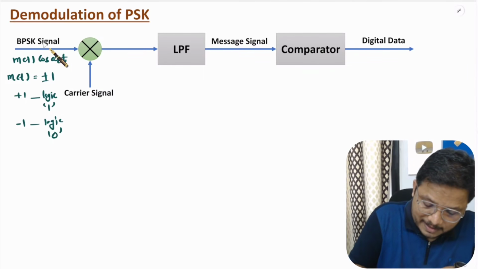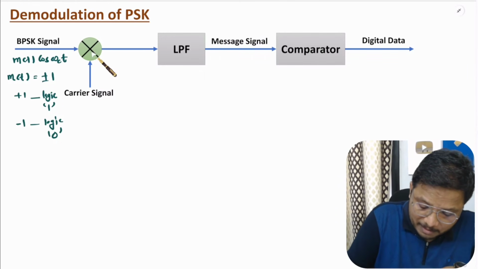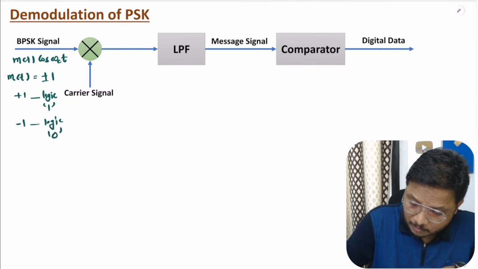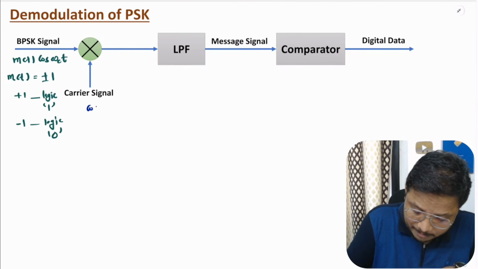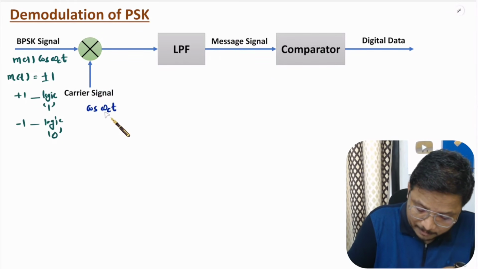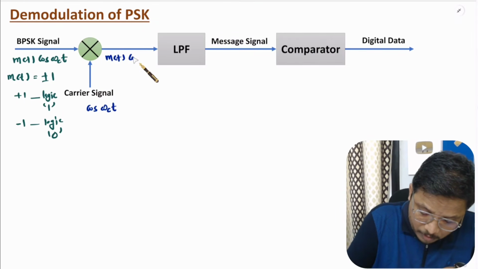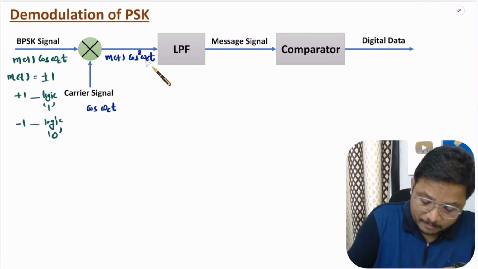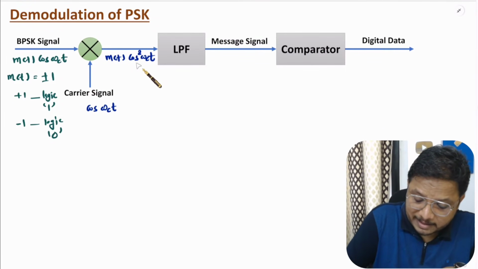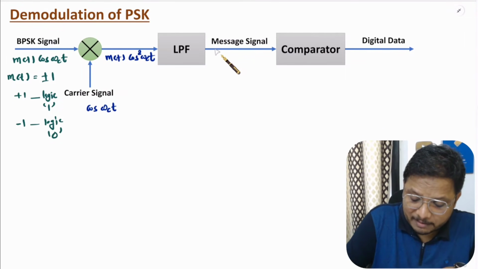So this is the BPSK signal. That is what we are multiplying with the carrier signal. What is the carrier signal? It is simply cos(ωct). So when you multiply these two signals, what will be the result? That will be simply m(t) into cos square(ωct), right? And that is what we pass through a low pass filter and we will have the message signal.